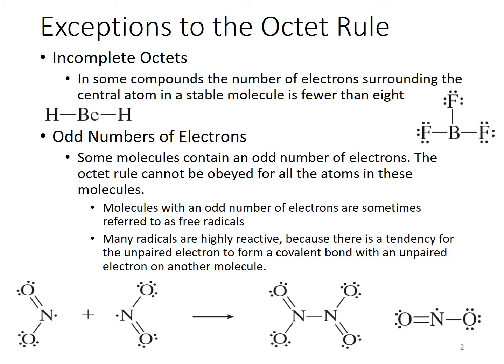These are often referred to as free radicals, where you have just one lone electron, not a lone pair, but just a single electron on an atom. These are highly reactive in general, because they tend to want to be paired to form some sort of covalent bond with an unpaired electron from another molecule. We're maybe somewhat familiar with free radicals and understanding that those are chemically reactive species.